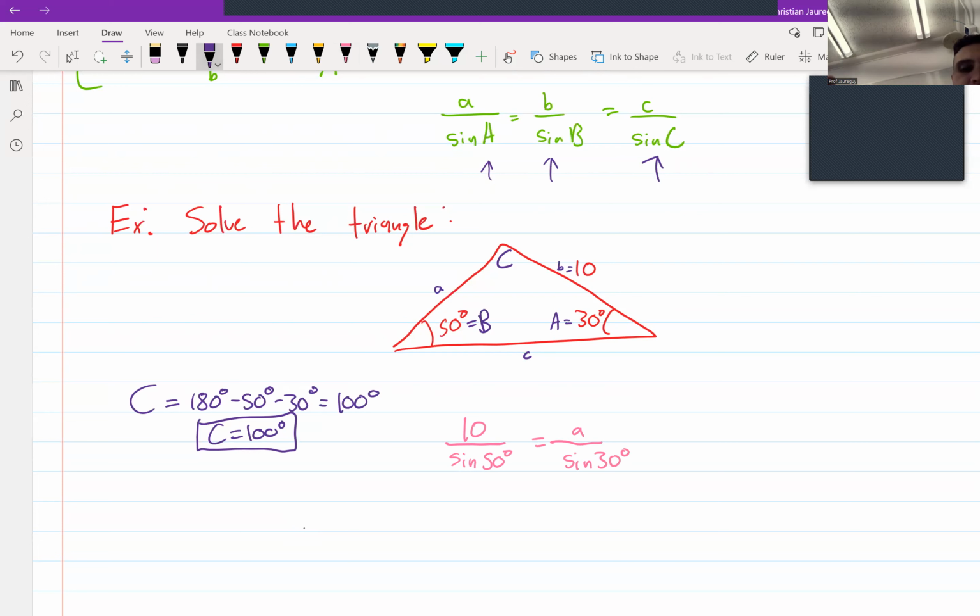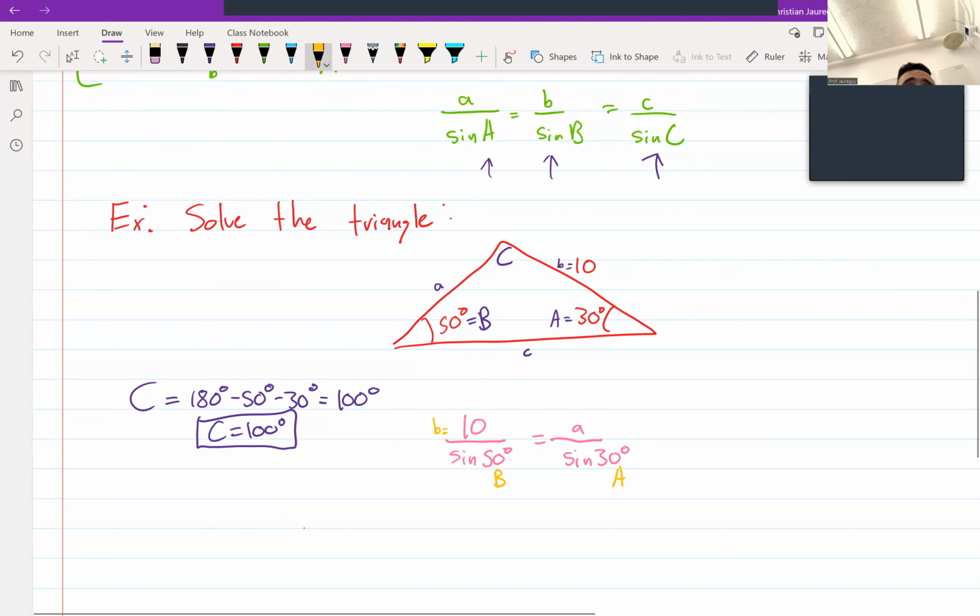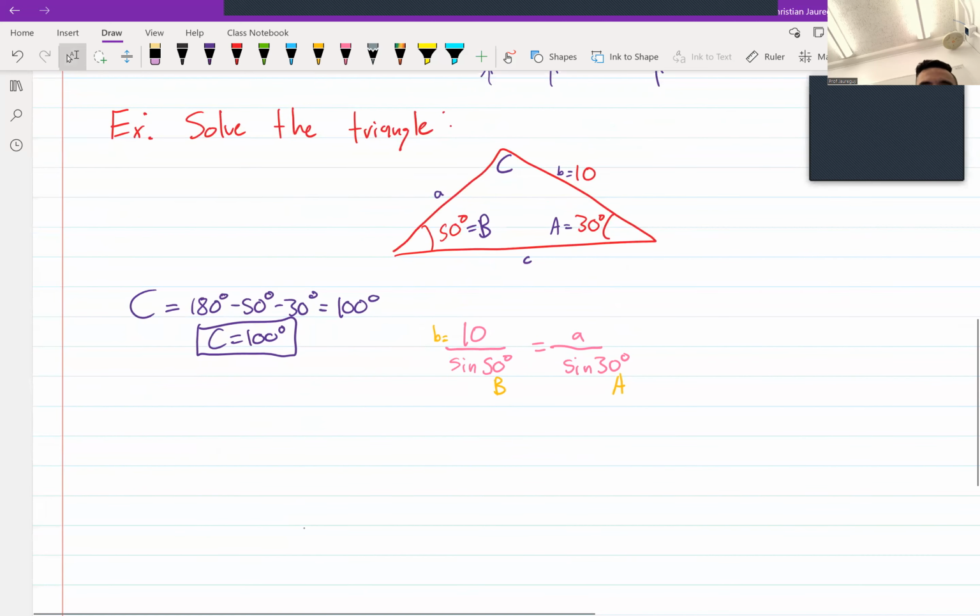That's what we're going to have here. And just to be the most clear, sorry, that's not correct. That is little b, that is big B, little a is right there, and then big A. So it matches the formula. And then it's just a little algebra problem.